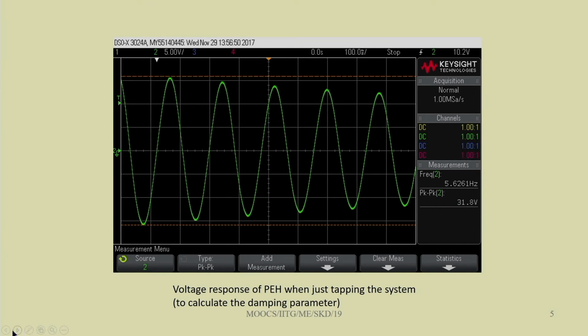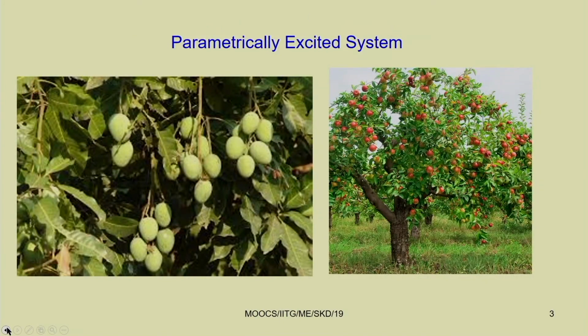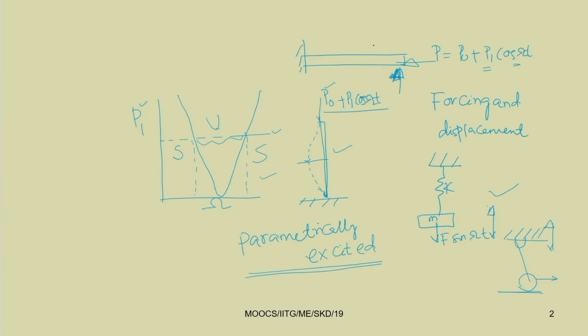This type of oscillation is known as parametric oscillation in parametrically excited systems. In the previous case, the equation of motion can be written in this form: x double dot plus c x dot plus k x equal to f sin omega t. So, this forcing part can be represented on the right hand side of this equation.